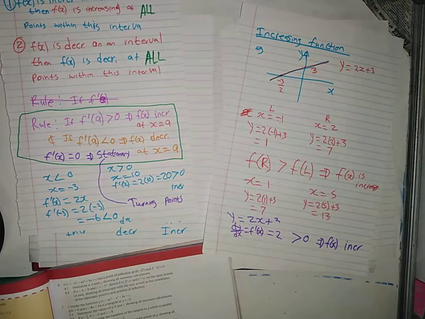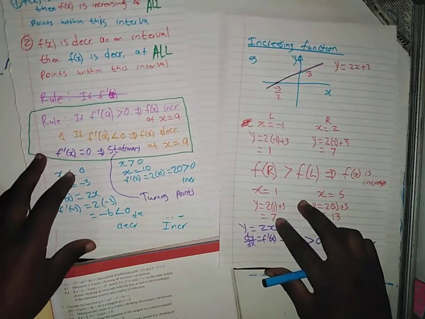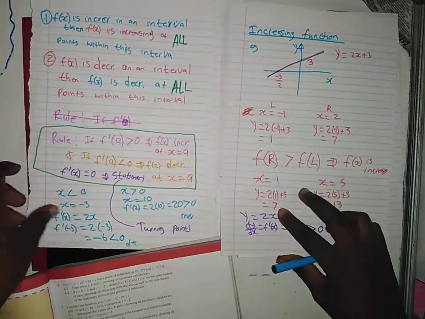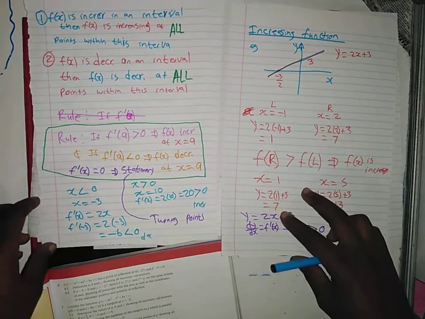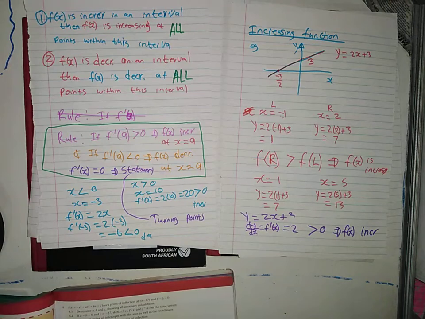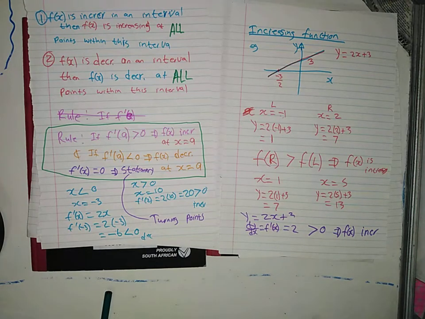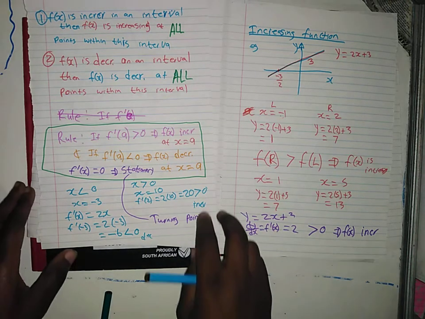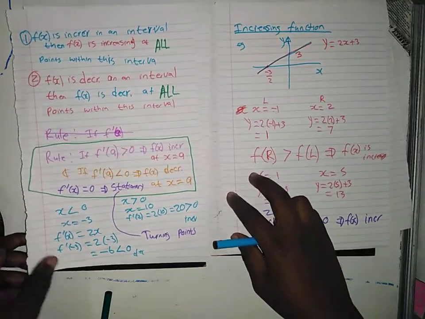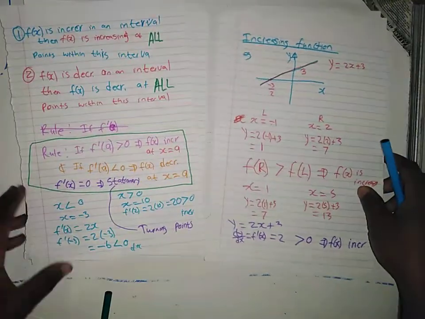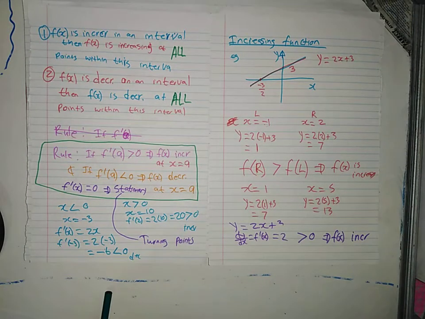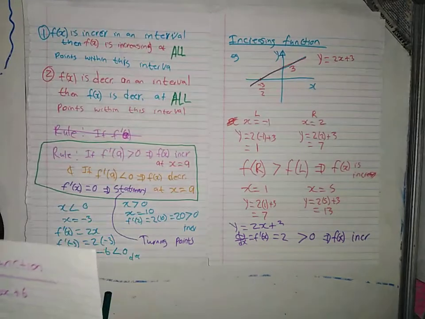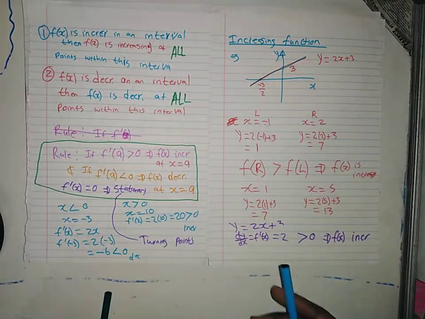Now, ladies and gentlemen, let us go back to the main reason why we're here in the first place and answer those questions: for which values of x is whatever. Let us close on that note. So we're going to start with this function, the increasing function.